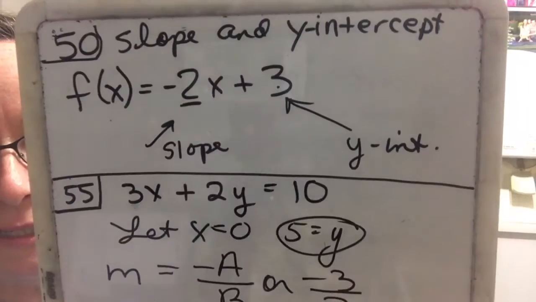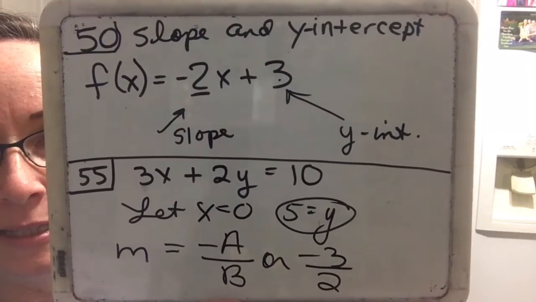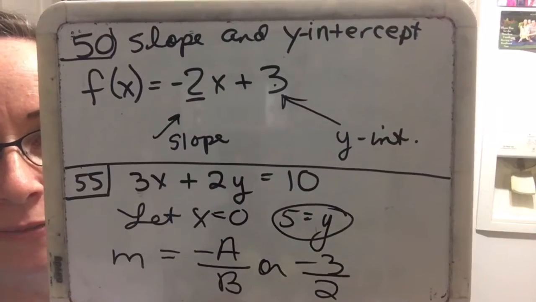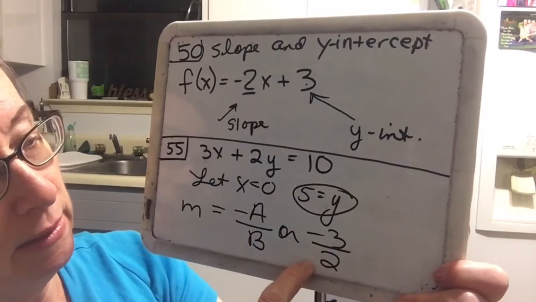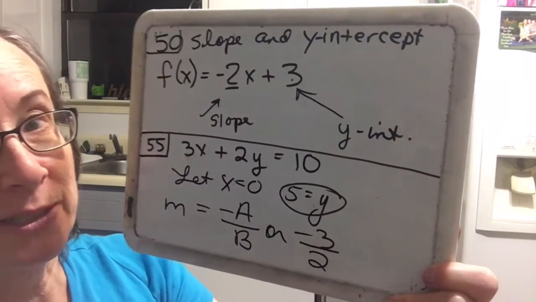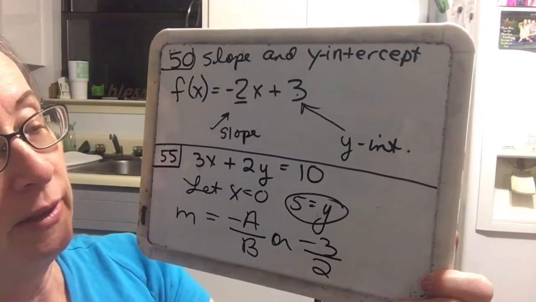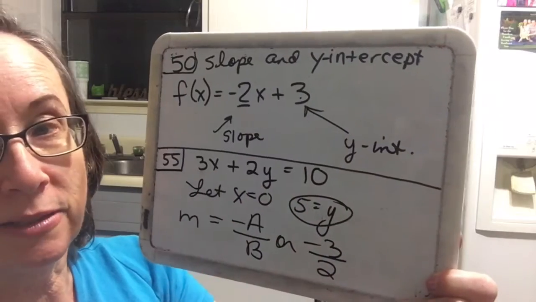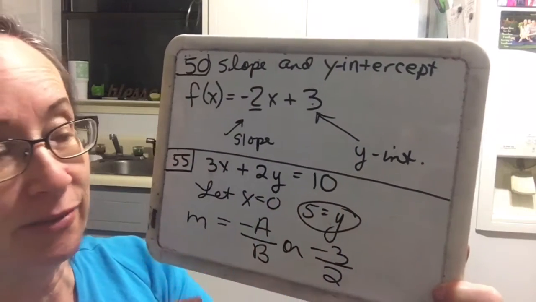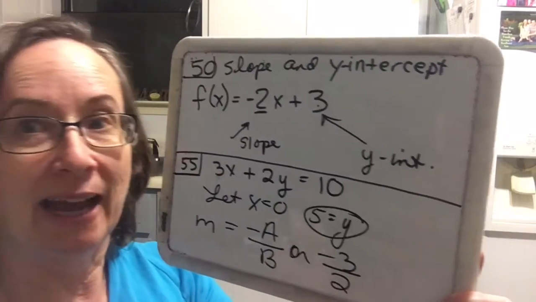And that is problem number 50 and 55. Now we could write it in slope-intercept if we wanted to, or we could have just turned this around and solved it for y. But that should be what we get when we turn it around and solve it for y. And I will be back shortly.